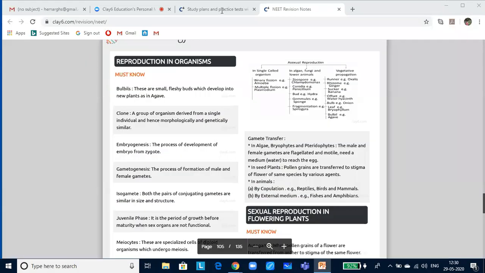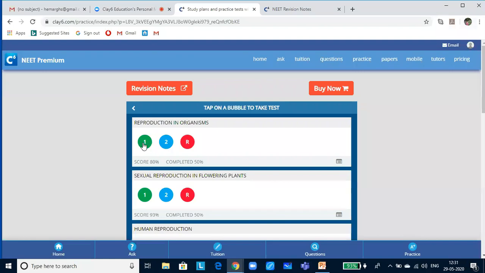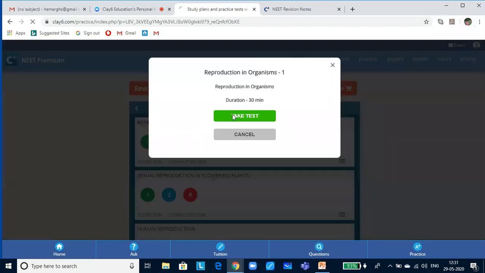Now let us look into the test. Let's look into the test, reproduction in organisms.